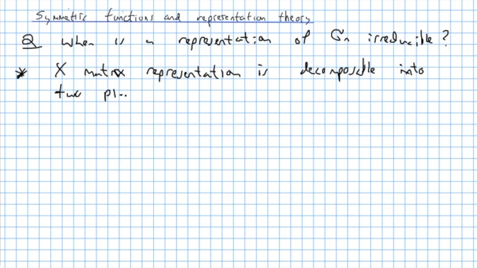These pieces are special. They're called subrepresentations. If there is a basis that makes it block diagonal.